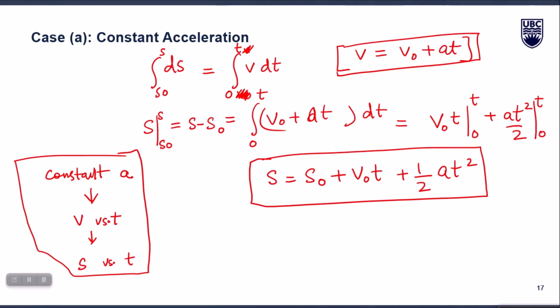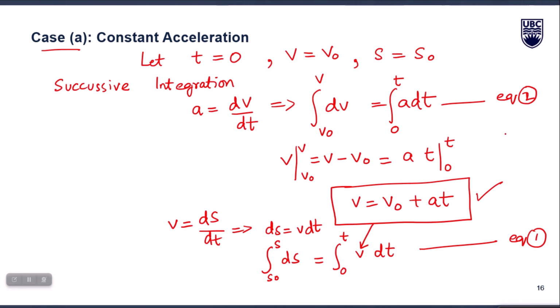One more thing which we can derive in the same case, let's discuss that and then move to the other cases. We actually applied equation 2 and equation 1 here.